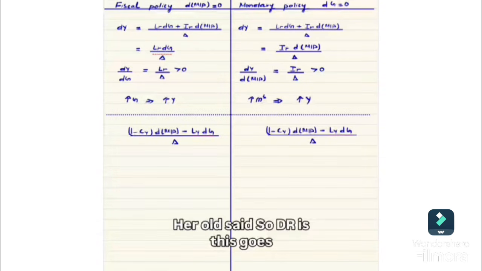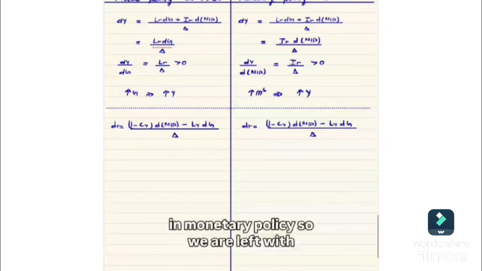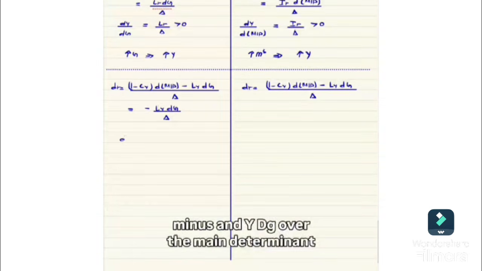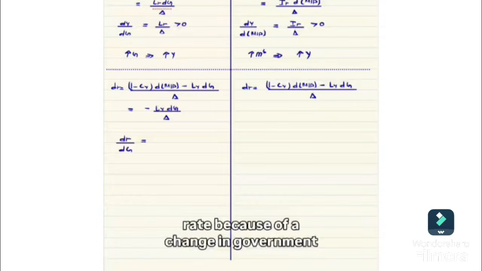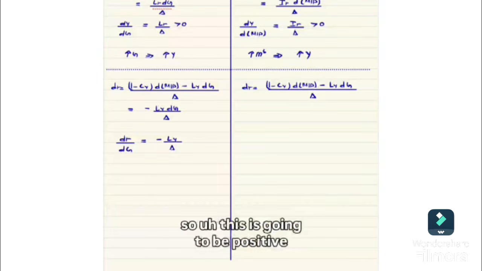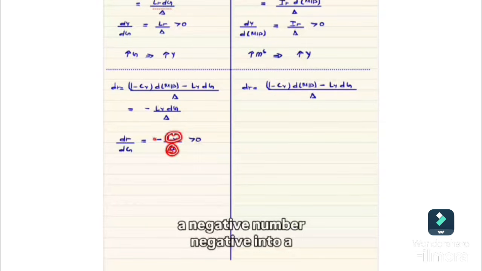On the left side, there's no change in monetary policy, so we are left with minus ly dG over the main determinant. Therefore, dr over dg, change in interest rate because of a change in government spending, is minus ly over the determinant. So this is going to be positive. Since ly is a positive number, this is a negative number. Negative into a negative will make a positive.